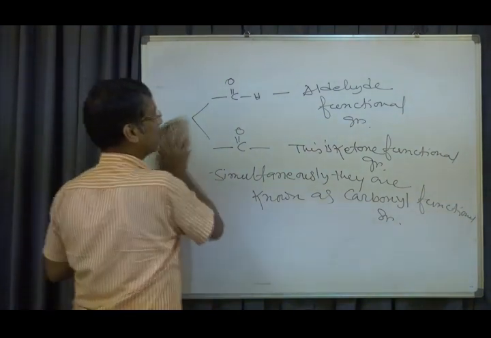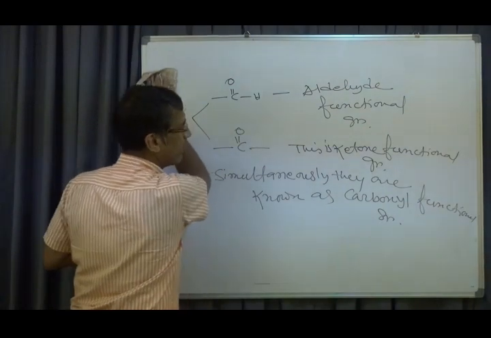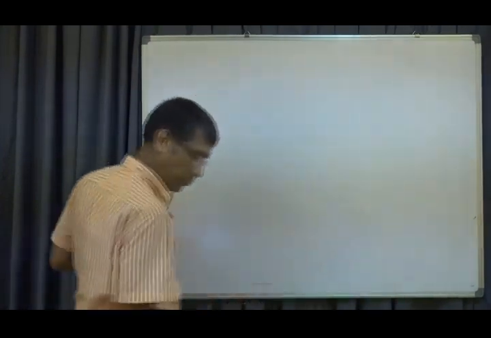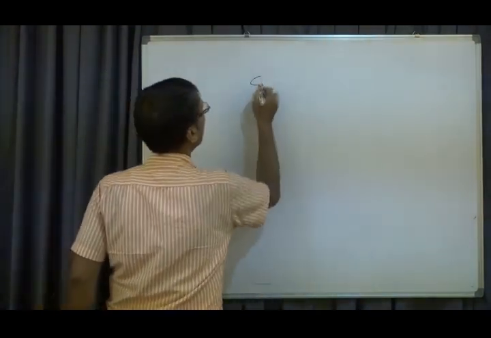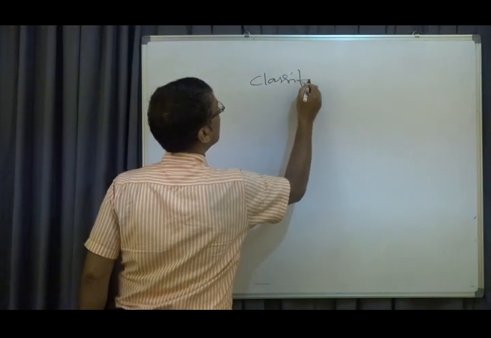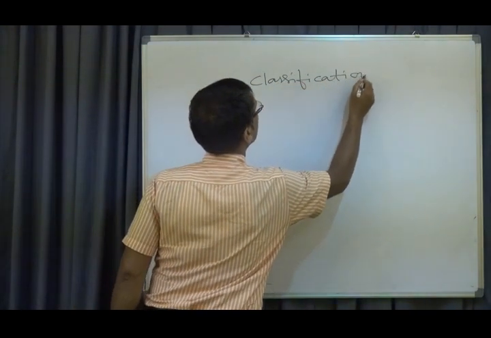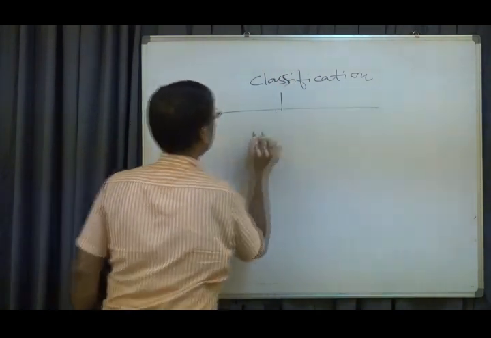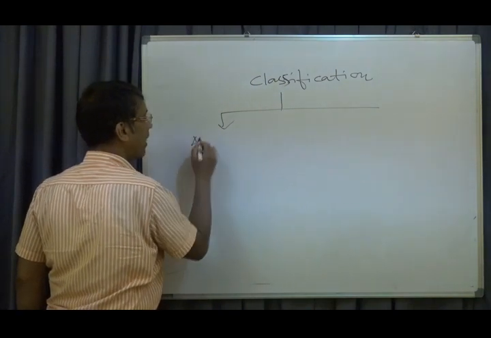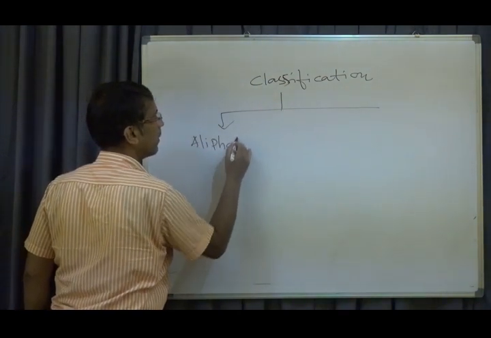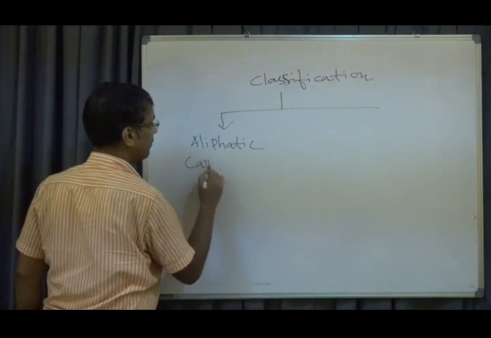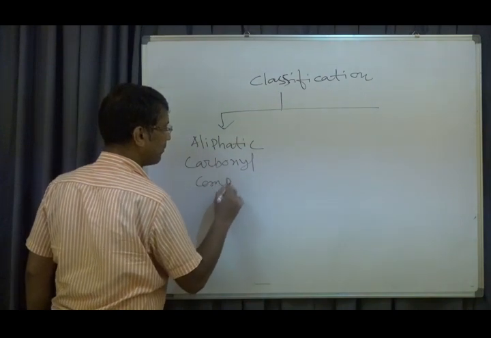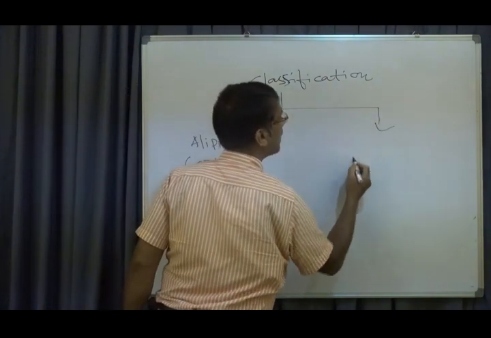Now classification. Classification is of two types: aliphatic carbonyl compound and aromatic carbonyl compound.